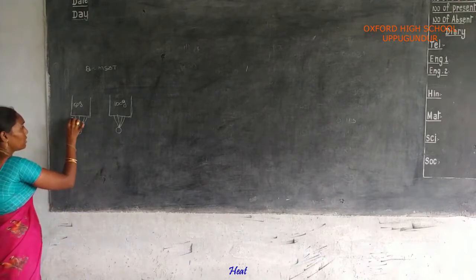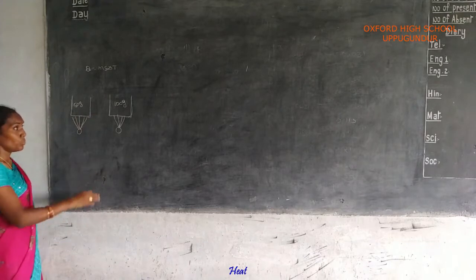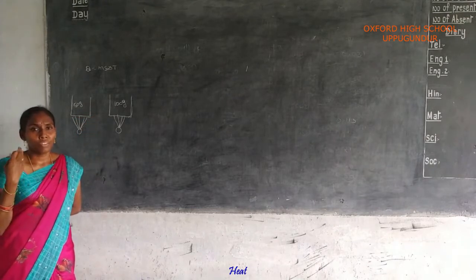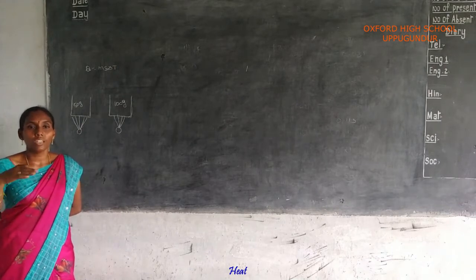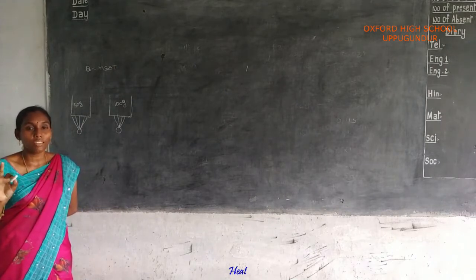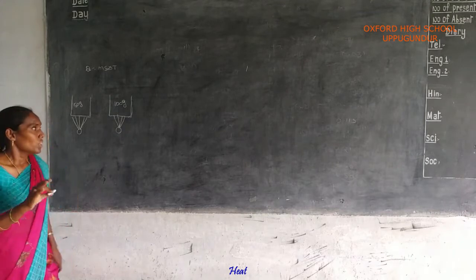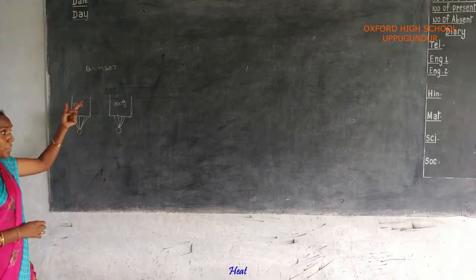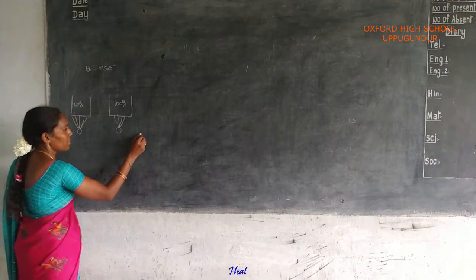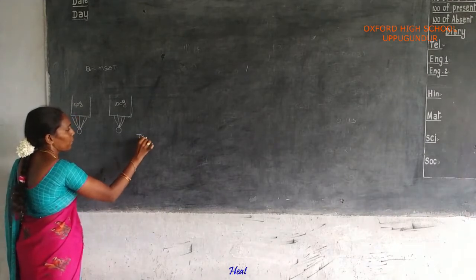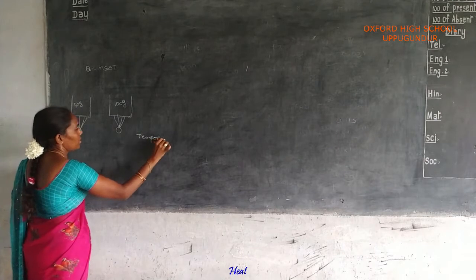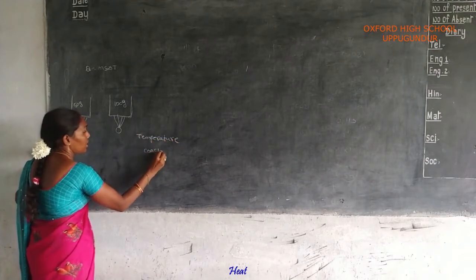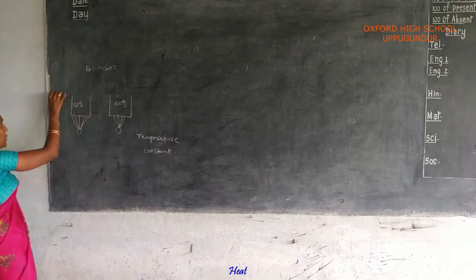Both the bowls are heated up to the same temperature. A certain temperature means 50 degrees centigrade, 30 degrees centigrade or 100 degrees centigrade, whatever it is, up to 100 is enough. Here the same amount of heat energy is applied to reach the same temperature. The temperature remains constant.